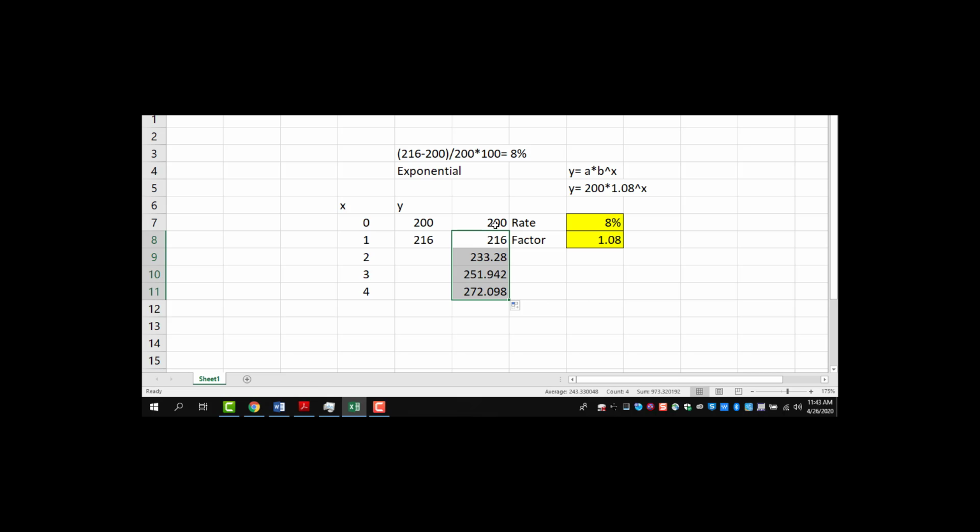And there you go. You can see that we develop an exponential. Increases by 16, increases by 17 point something, increases by 18 point something. So it's not a constant rate of change, it's an exponential. And there's the formula for it, which we built.